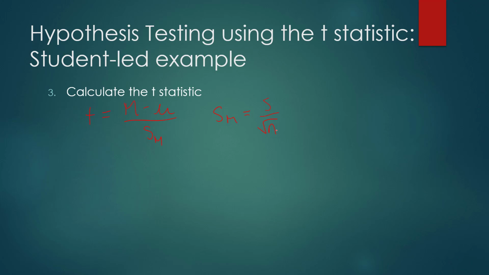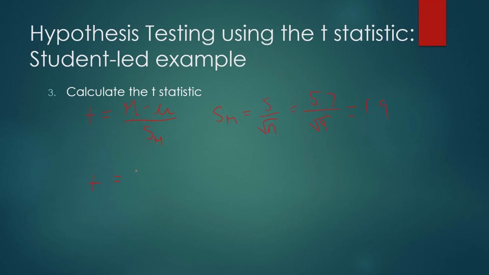So from the previous slides, we'll do this calculation first. Our standard deviation was 5.7, and our sample size was 9. That's going to give us a value of 1.9. We then plug that into here.